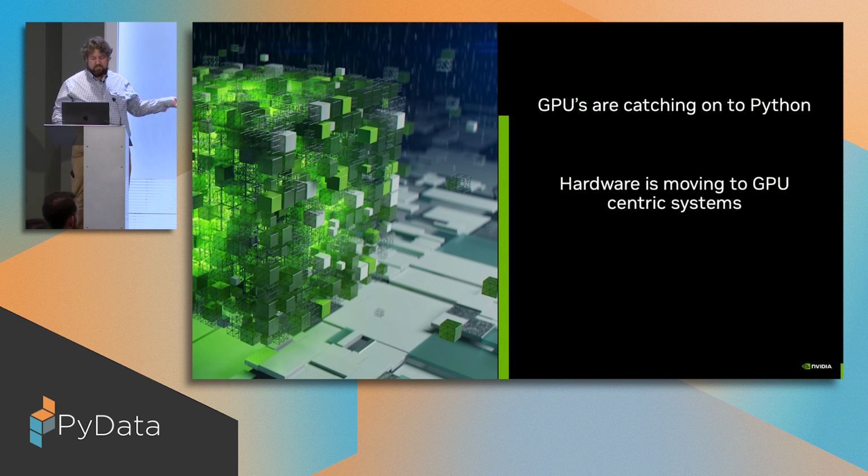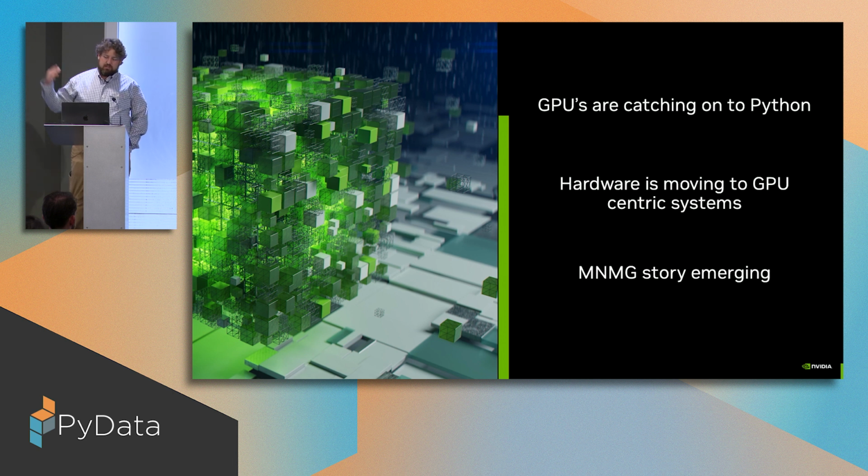Hardware is moving to GPU-centric systems, so as your organization looks at the next architectures, maybe you're thinking about this in 5 years or 2 years, we will be much more GPU-centric, able to load data, load memory, and work very fast from there. And then there's a lot of multi-node, multi-GPU stories emerging. I'd love to talk to you if you're working on something you think needs a multi-node system, and to learn what NVIDIA can do to help you.